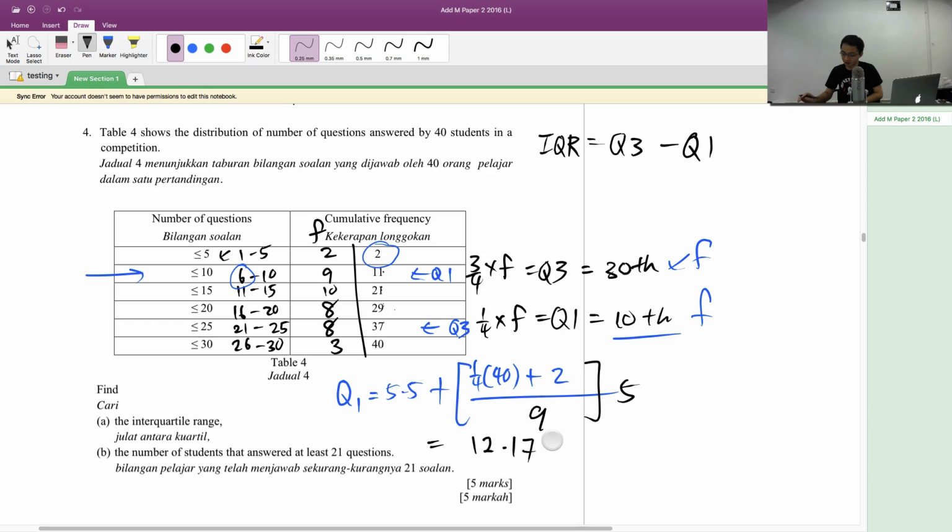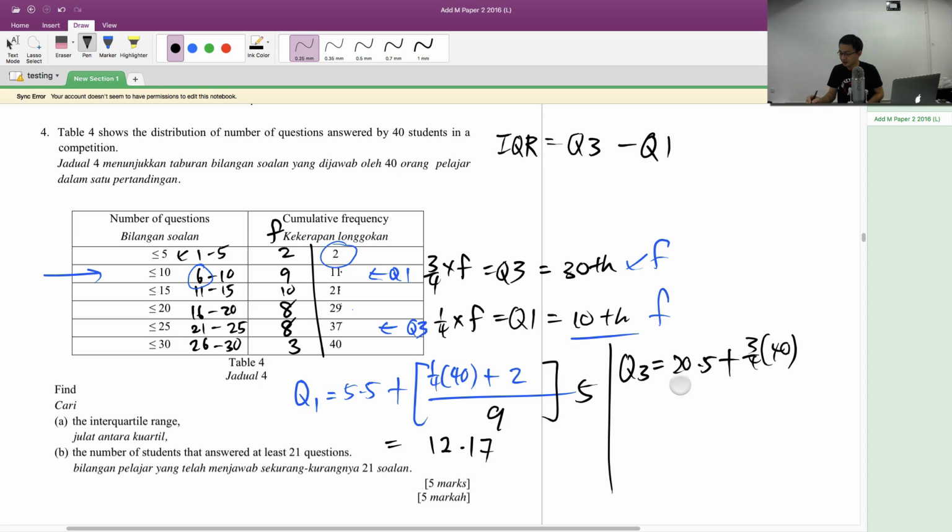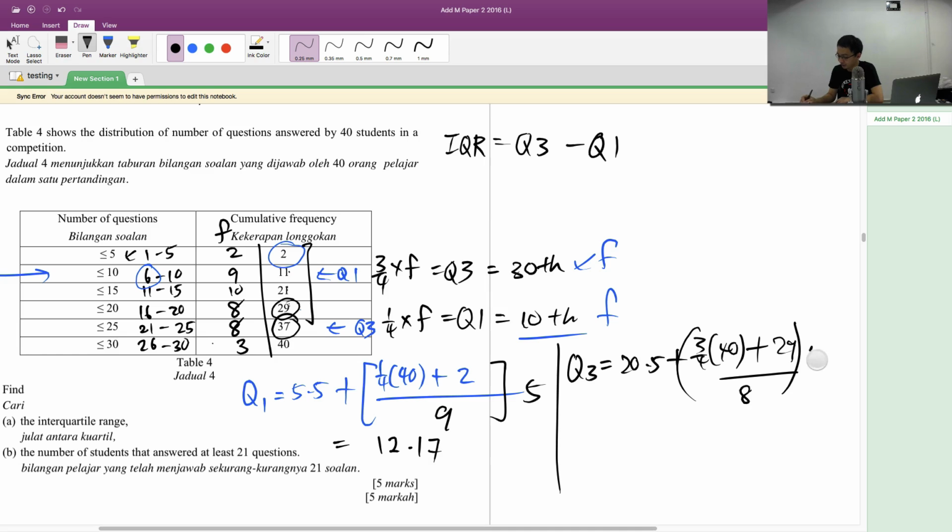Alright, so after you get Q1, you do the same thing for Q3. First, you have to find the lower boundary of Q3, which is 20 plus 21 divided by 2, 20.5. And then plus 3 over 4 multiplied by the total frequency, and then plus the cumulative frequency before the class, which is the total from here to here, 29. Then divided by the frequency of my own class, which is 8, and then multiplied by the class size, which is 5.